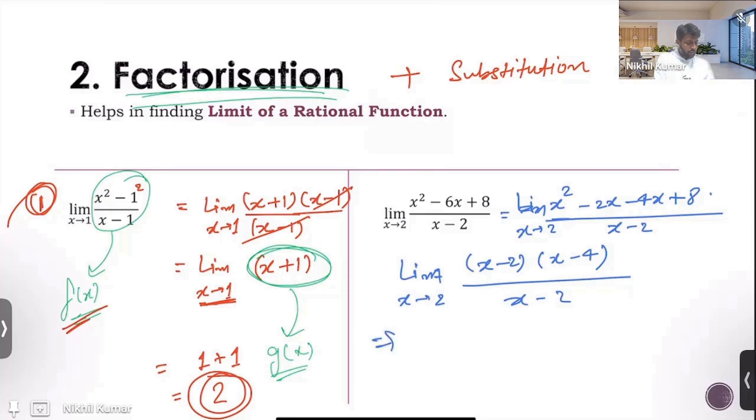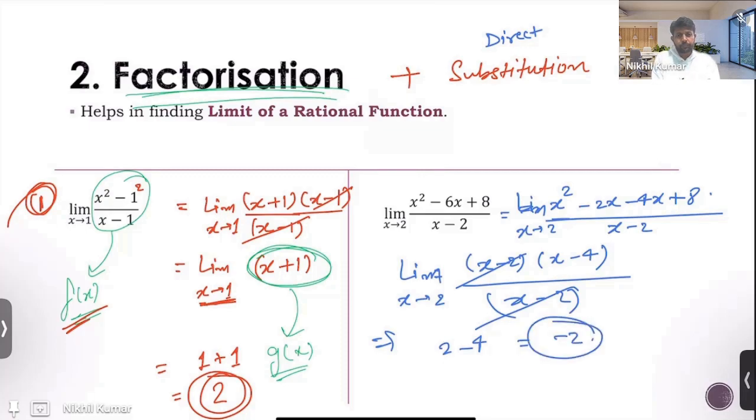So this x minus 2 and x minus 2 get cancelled, and what we have is x minus 4. Again, final step is substitute. Direct substitution is needed then. So this is equal to 2 minus 4, which is minus 2. So that's the limit of the second function.